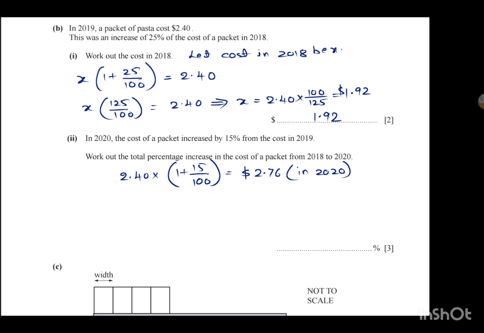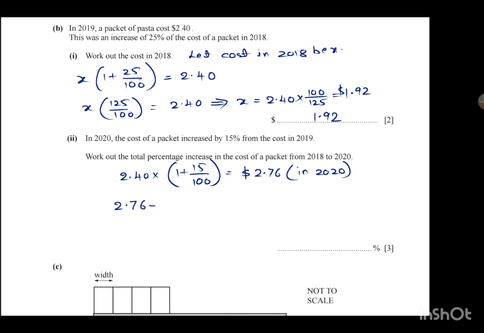Now we need to find out the total percentage increase in the cost of packet from 2018 to 2020. We know that in 2020 the cost is 2.76.